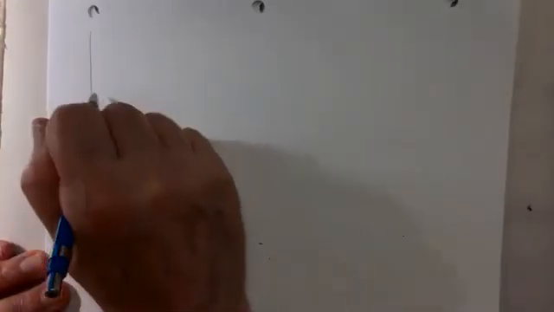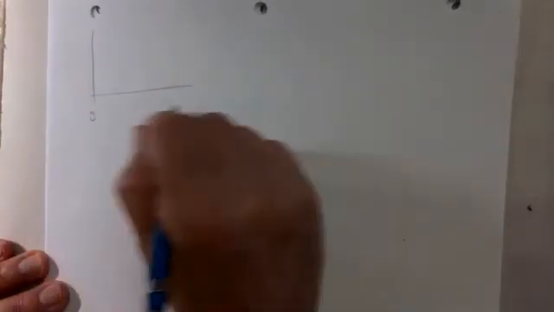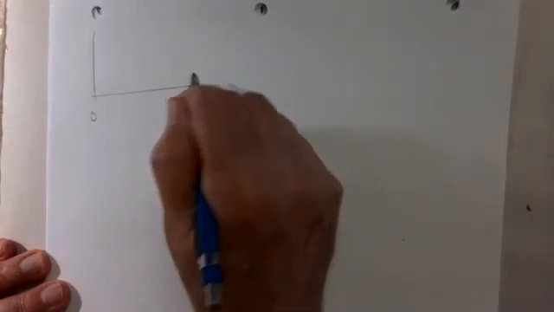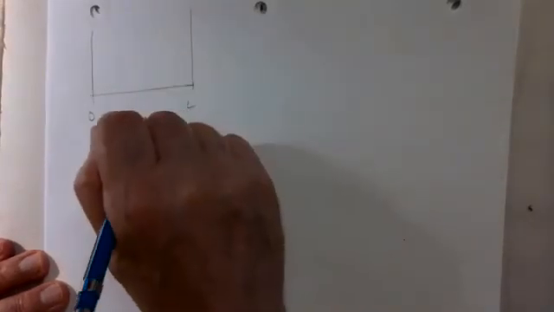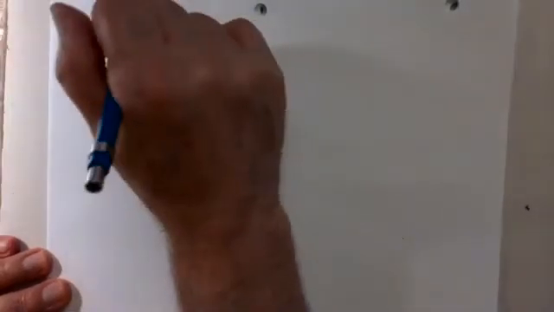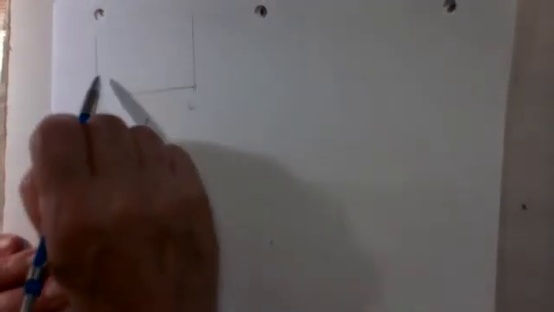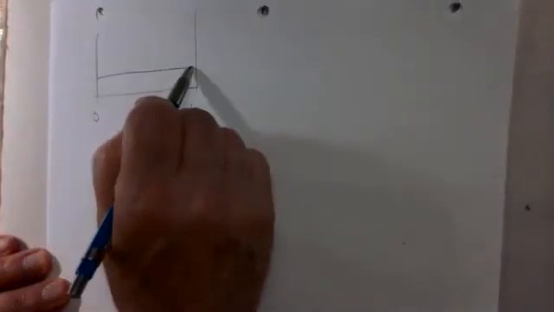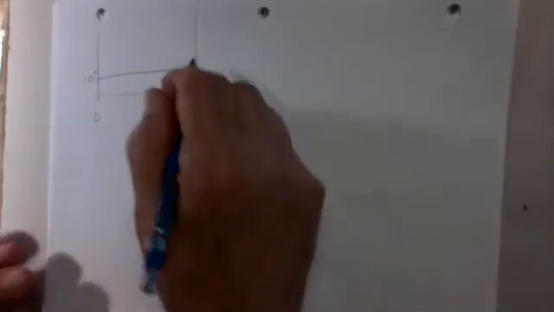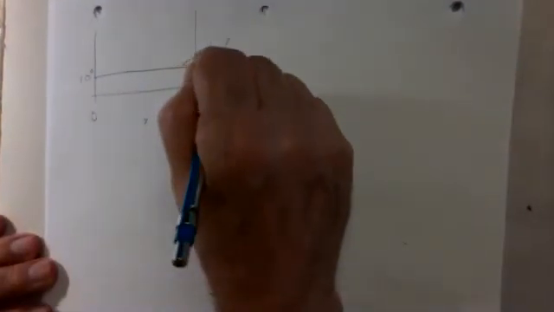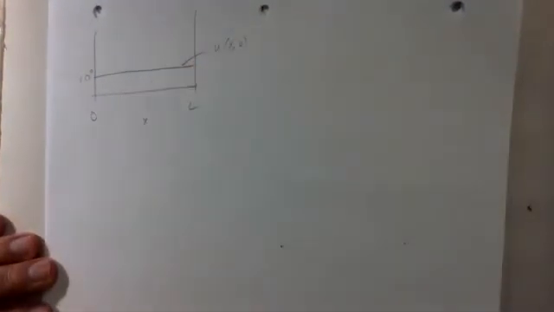Well, what does the picture look like? Suppose you want to plot, so here is x. What is the temperature? At 10 degrees, this is the graph of u of x comma 0.